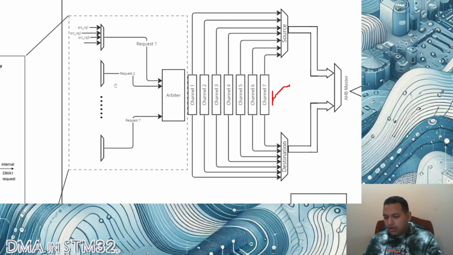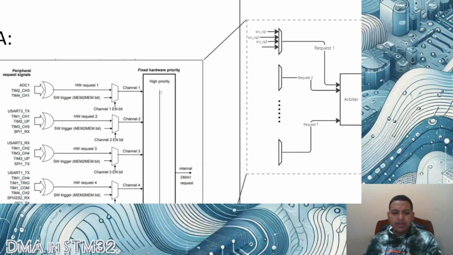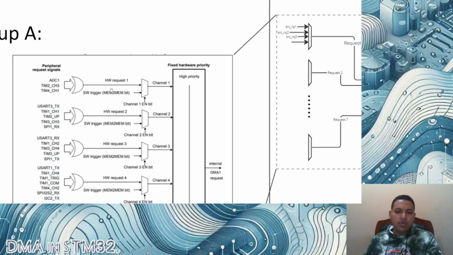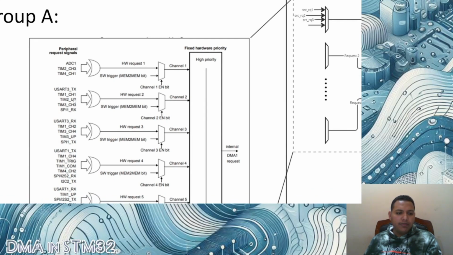Now, here comes the difference between these two groups. We can see here that each request is connected through multiple peripherals, and all of these peripherals are ORed together. This introduces many problems because now you cannot have multiple peripherals connected to the same channel.